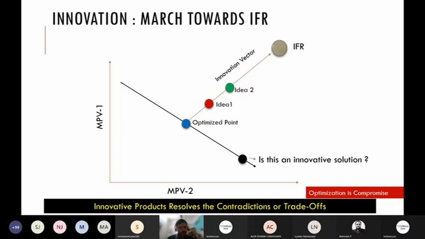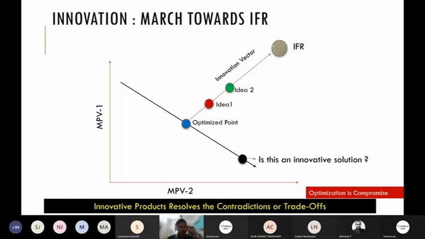So this is a trade-off line. The blue one is the optimized point, where you optimize and settle down somewhere here. That's not an innovation. First of all, that's just an optimization and it's a baseline.